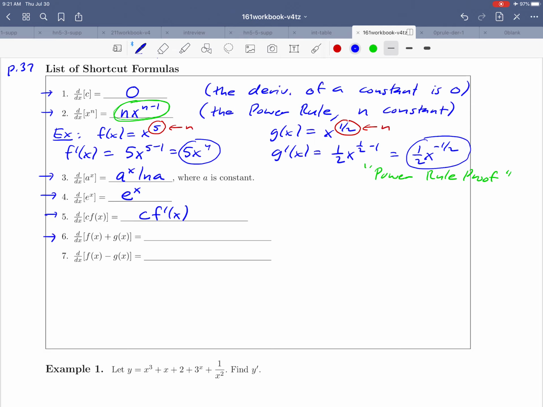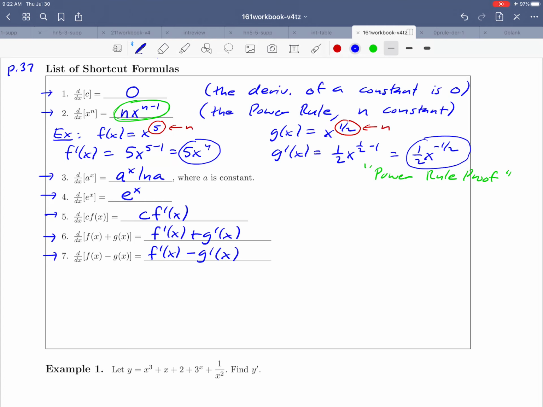Okay, 6 says, what if we want to take the derivative of the sum of 2 functions, f of x plus g of x, and it says that we can break that into 2 parts. Just take the derivatives of f and g separately and add them together. Okay, and then 7 is similar, just with differences. The derivative of the difference, f minus g, is just f prime of x minus g prime of x.